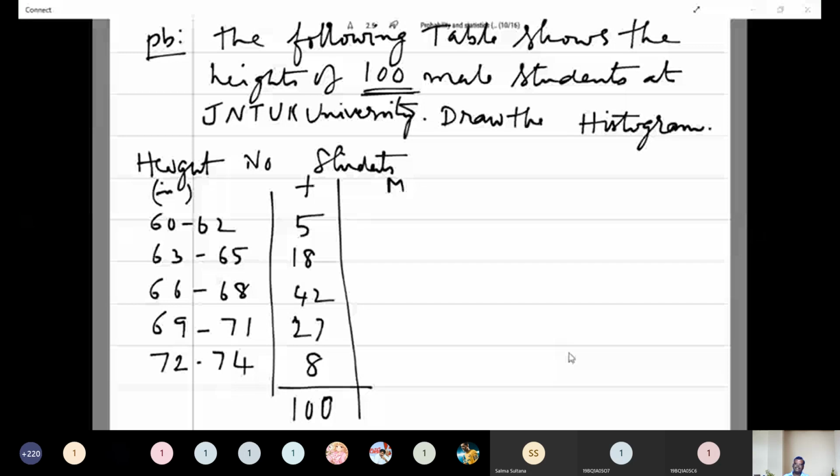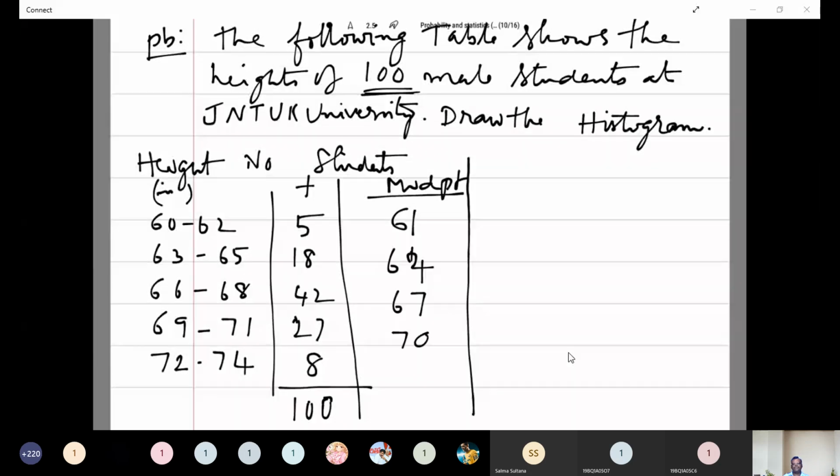Then next, 63, 65, 64 is the midpoint. 66, 68, 67 is the midpoint. 69, 71, 70 is the midpoint. And 72 to 74, 73 is the midpoint. This is finding the midpoint. And we can draw the histogram like this.